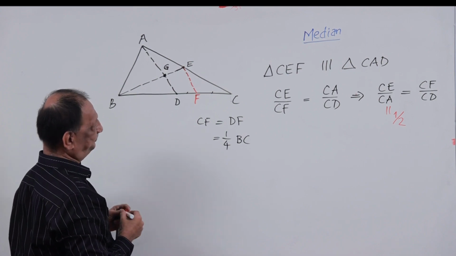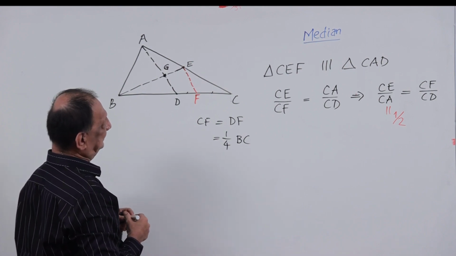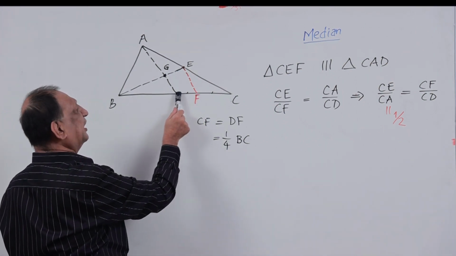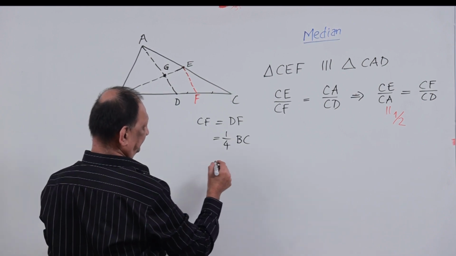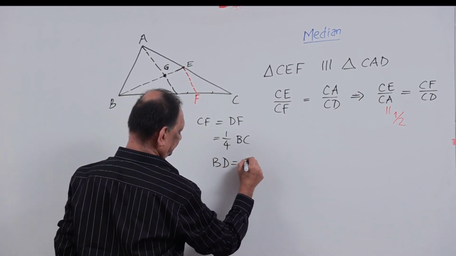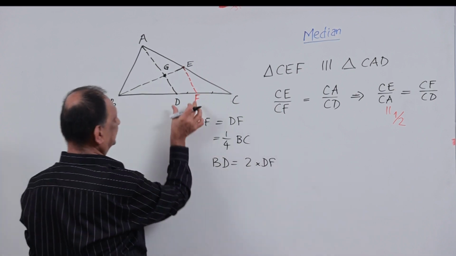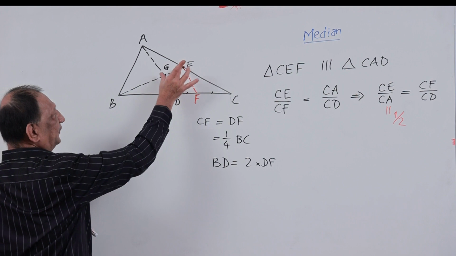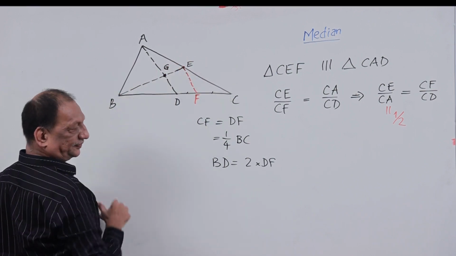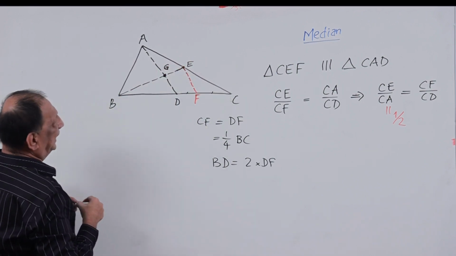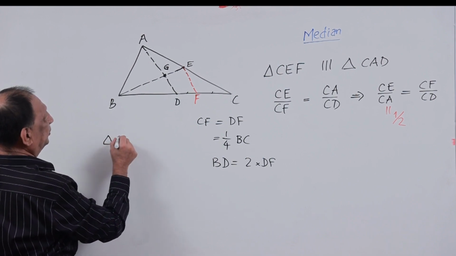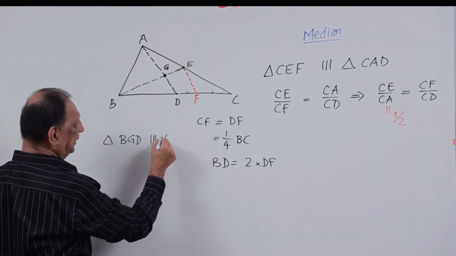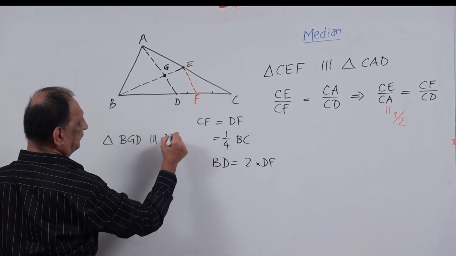Now we look at, you can say 1/4 of BC, or you can say DF is half of BD. It also is the same statement. Now we look at two more similar triangles, same two parallel lines with B as the vertex. So what are the two triangles? I got one triangle BGD, which is similar to triangle BEF.